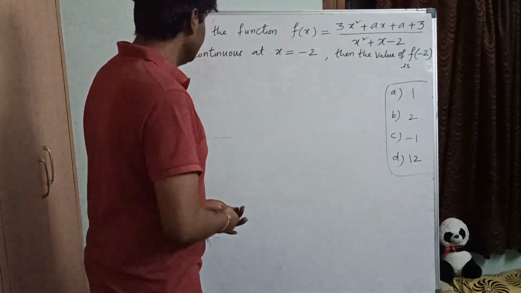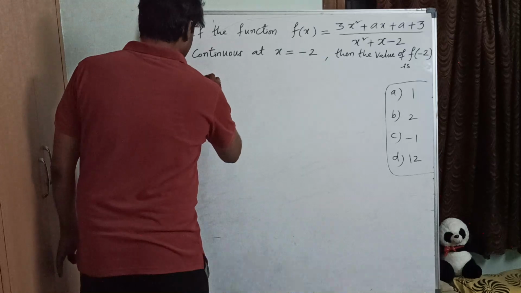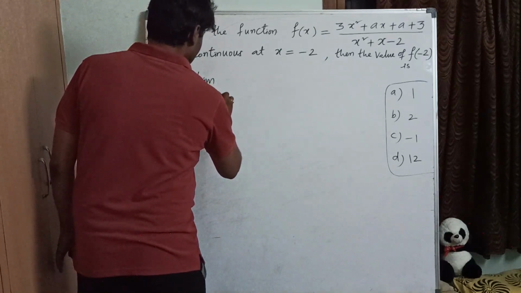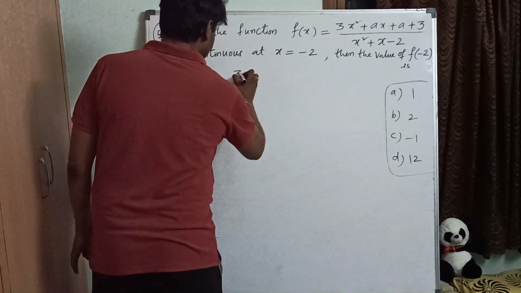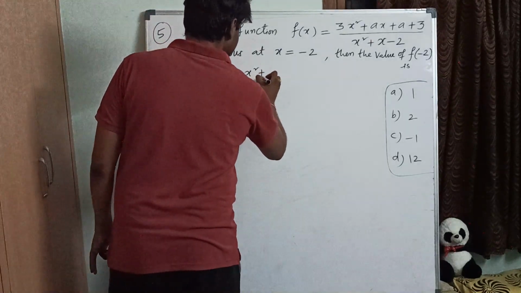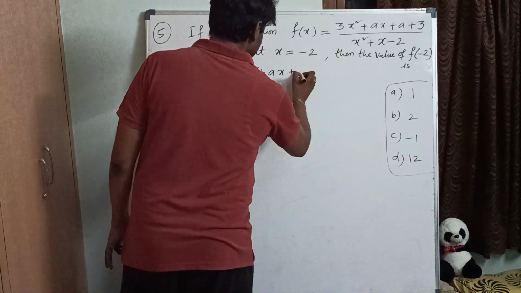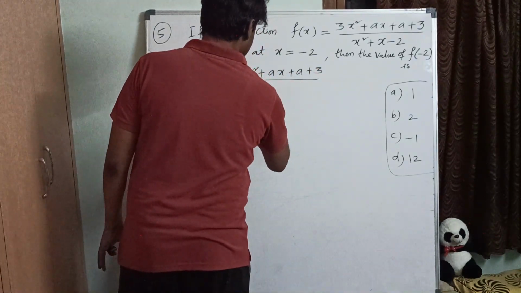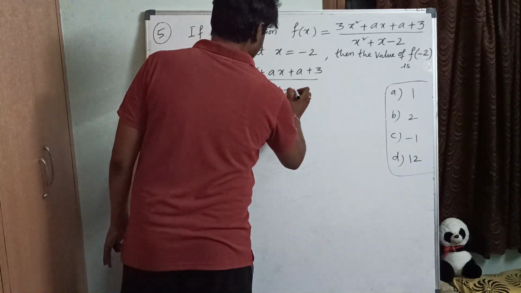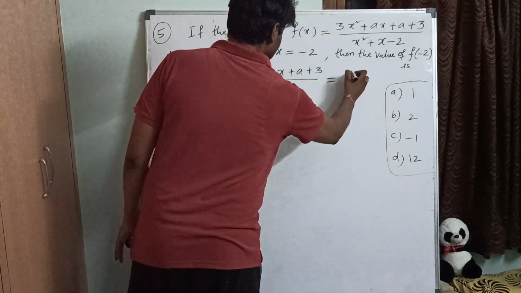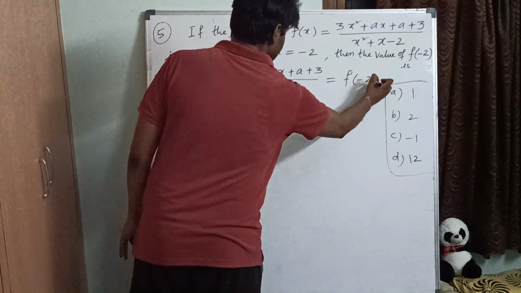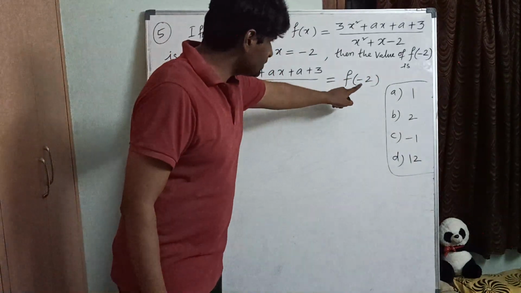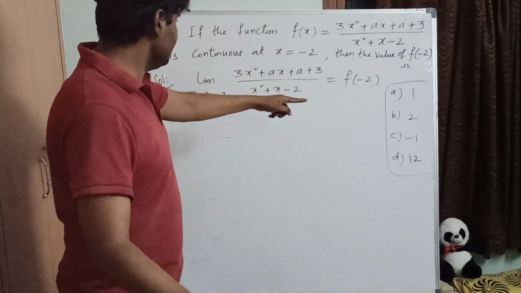So limit x tends to -2 of (3x square plus ax plus a plus 3) by (x square plus x minus 2) equals f of -2. Simple: limiting value equals function value. To find this value, it is enough to find the limiting value.